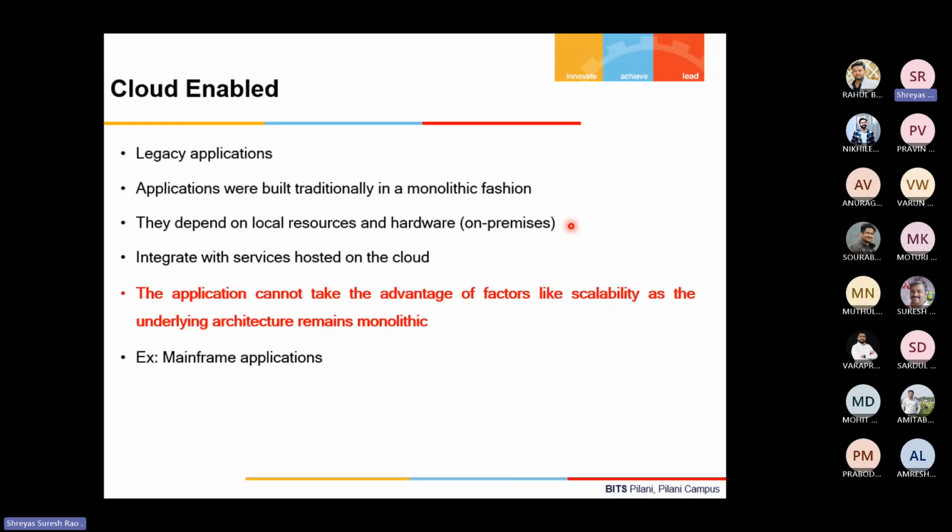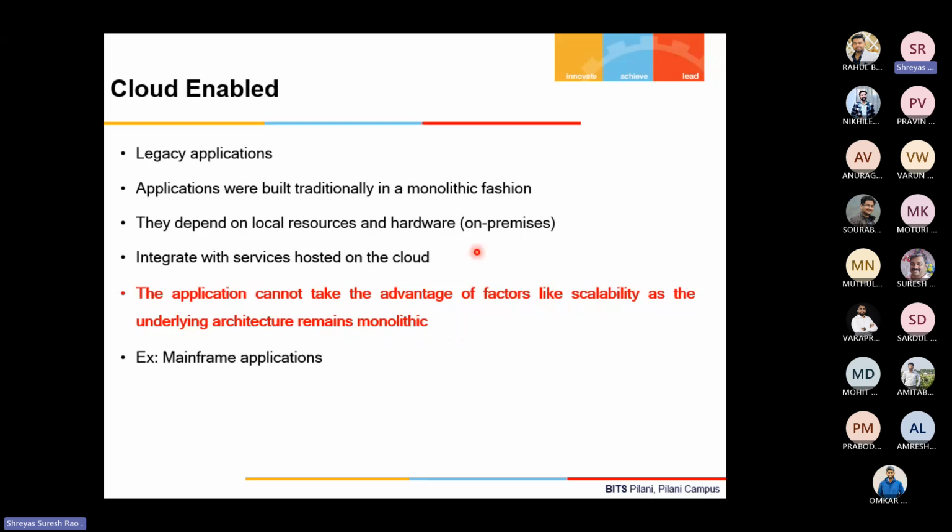They use the local resources and hardware, maybe the physical servers, and these applications essentially cannot take much advantage of today's cloud, whatever it offers, the scalability, availability, this kind of feature, because traditionally they are deployed on-prem.